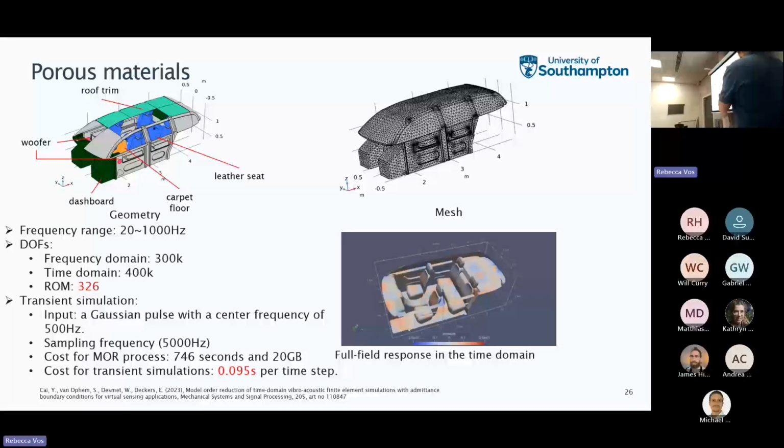What we do is approximate the frequency-dependent curve with a rational function, and we transform that to a time domain formulation, which means that the degrees of freedom of the system are increasing because of this. But then when we do the reduction, you see we go from a model that's around 400,000 degrees of freedom back to a model which is only 300 something degrees of freedom. And that actually works quite well.